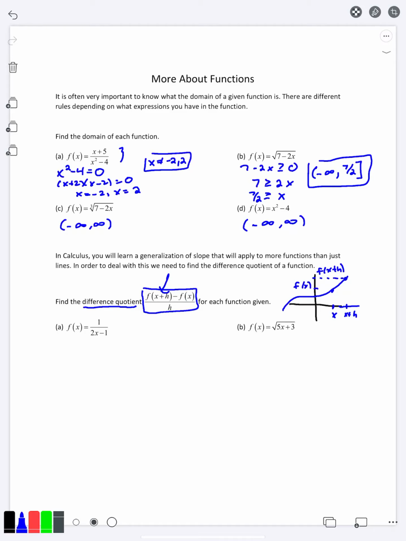And if you do that, if you just find your slope formula here, your slope formula is going to be exactly this thing. So the idea is slope at this point in time can only be used to find the slope of a line. It can't be used to find, say, a slope of a parabola or something. But in calculus, we're going to learn a way to extend the idea of slope to other graphs. And the key idea to get there is this difference quotient.